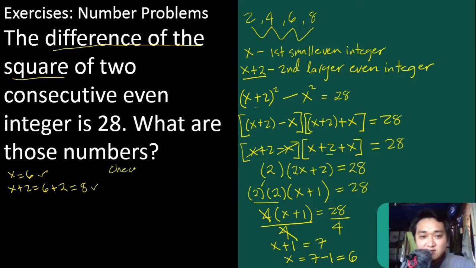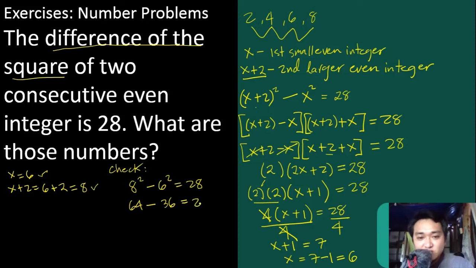Now, let us check if the answers we got are correct. The difference of squares of two consecutive even integers: let us start with the larger integer, x plus 2, squared, which is 8 squared, minus 6 squared is equivalent to 28. 8 times 8 is 64, while 6 times 6 is 36.